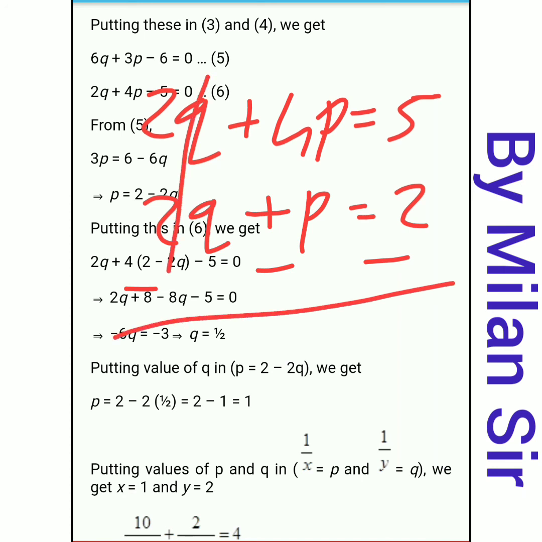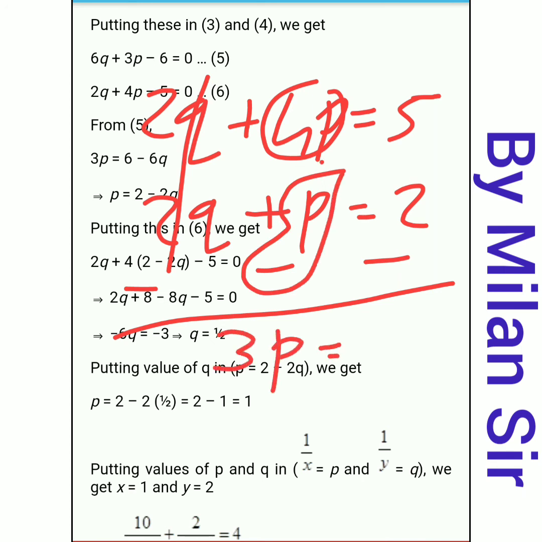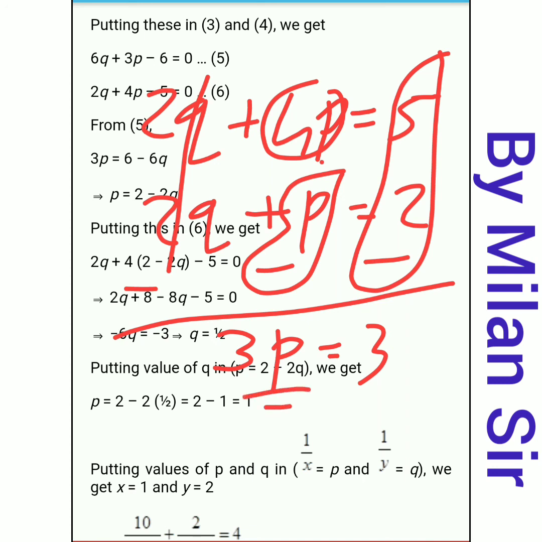So 2q cancels, 4p minus 1p, 4 minus 1 is 3, so 3p is equal to 5 minus 2, which is 3. Now for finding the value of p, transfer this 3 to the right hand side, it goes to the denominator. So p is equal to 3 by 3, it is 1. So we get p is equal to 1.